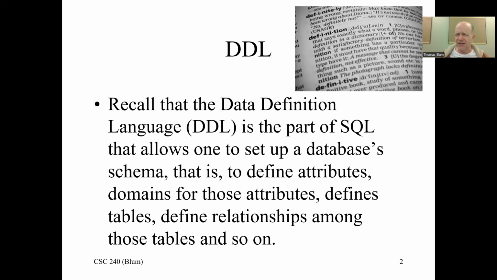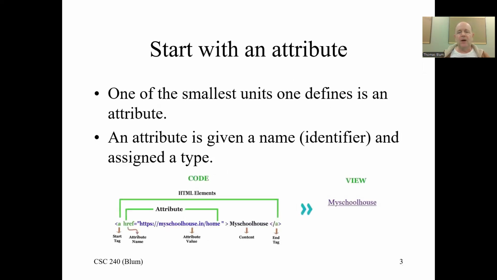We're going to create the tables, say what the variables are going to be, the columns, the attributes, the properties, whatever you want to call that. But we're going to gather them together and make a table and then say how tables are related and so on. Okay, so we're going to start with the smallest unit, and that we'll call the attribute.